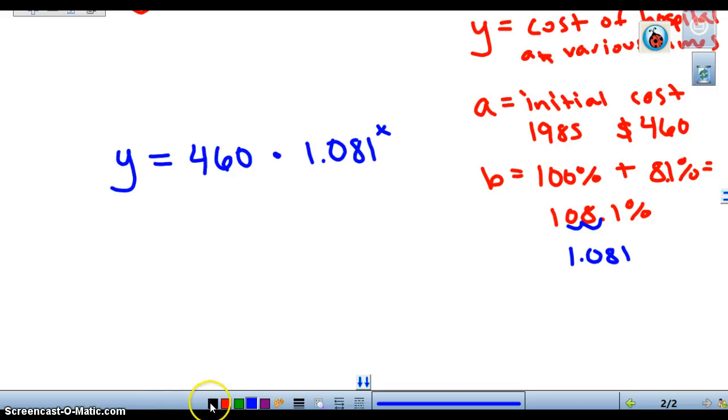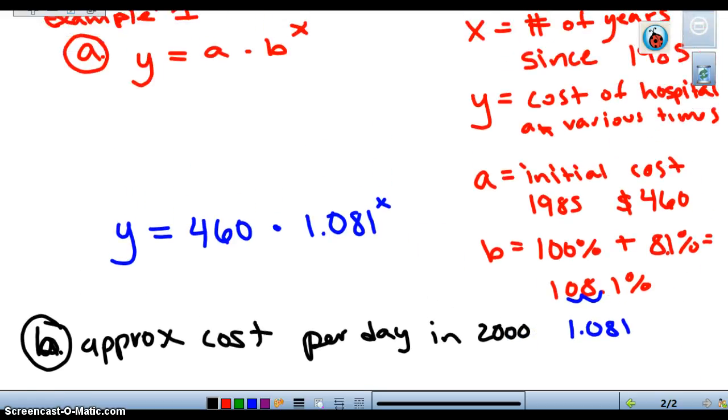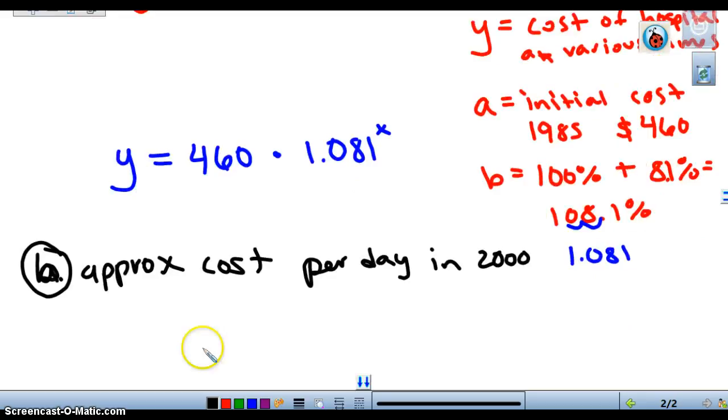Can we use this equation to answer the next question? Use your equation to find the approximate cost per day in 2000. So how many years from 1985 to 2000? 15 years.